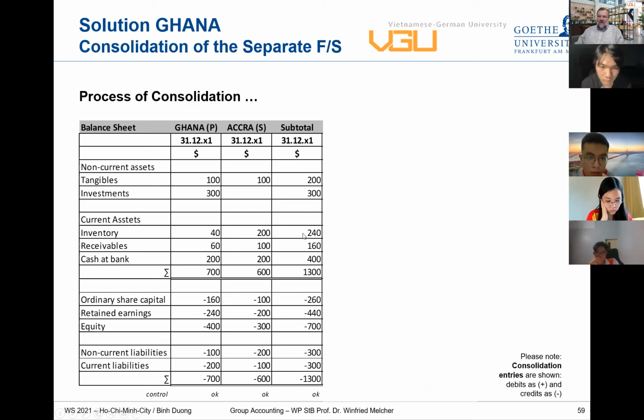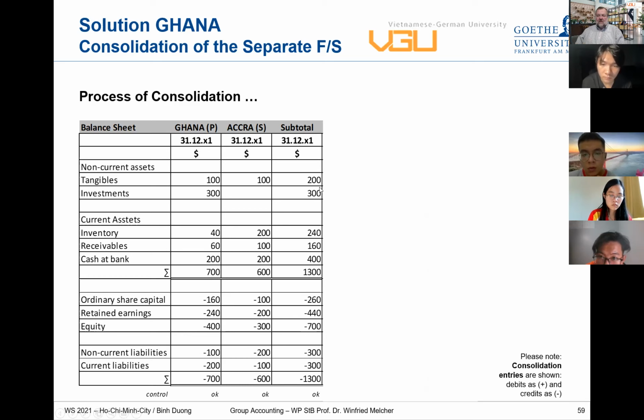The 200 is included in the 240, the 100 in the 160, and also the net equity of 300 is included in this subtotal. So that is not correct, because you basically have the net assets twice in the subtotal.